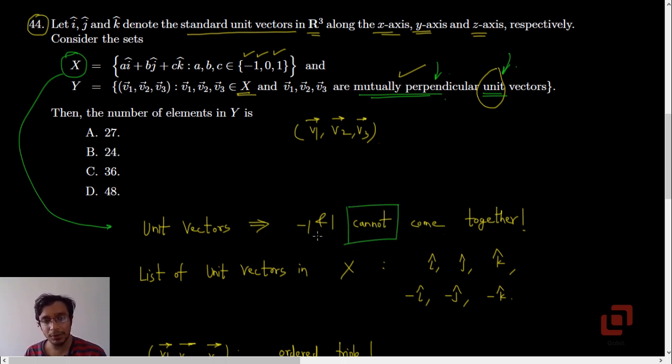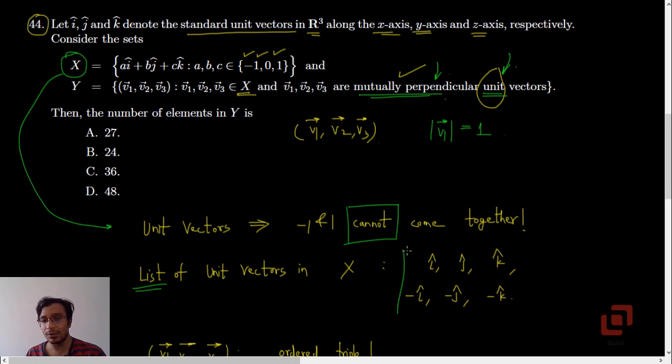Now this is the important point to be understood here, because we want v1 bar, v2 bar and v3 bar from X, but all of them must be unit vectors. That means their mod, or their magnitude, must be 1. And if -1 and 1 appear in the vectors, will the magnitude be 1? No, it will be greater than 1. So that boils down to the following list of unit vectors in X, and there are only 6 of them: i, j, k, and -i, -j, and -k.